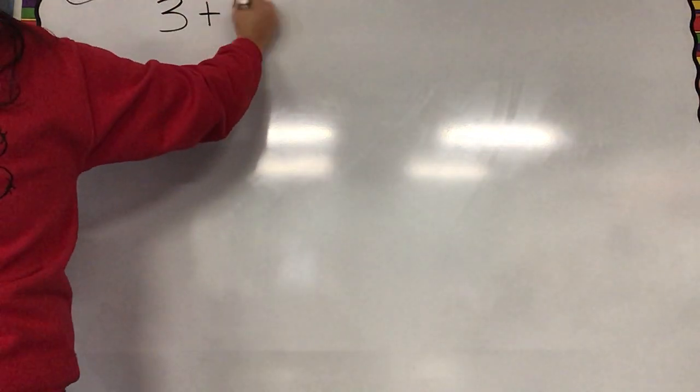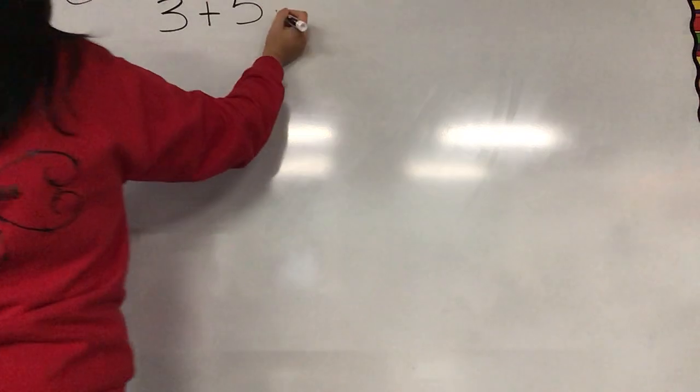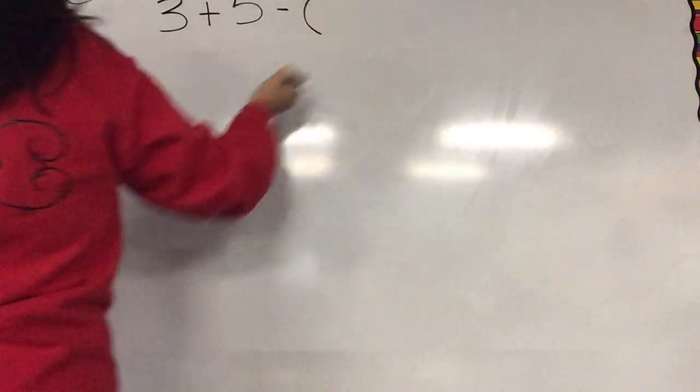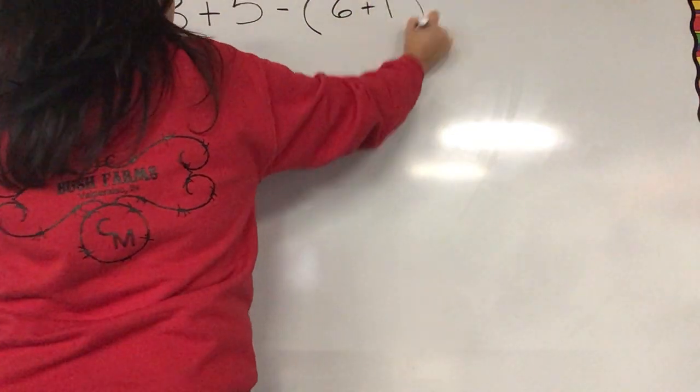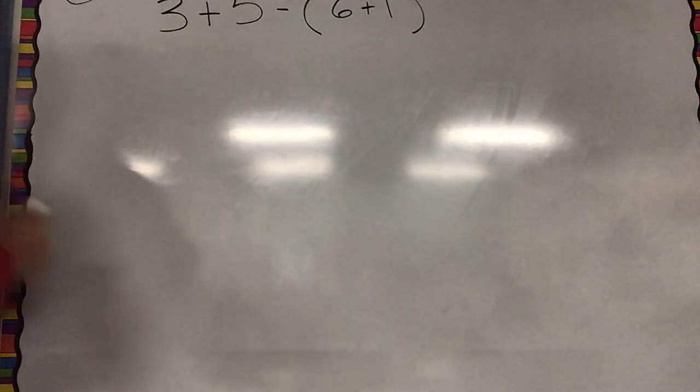All right. Number 2. We have 3 plus 5 minus 6 plus 1. All right.